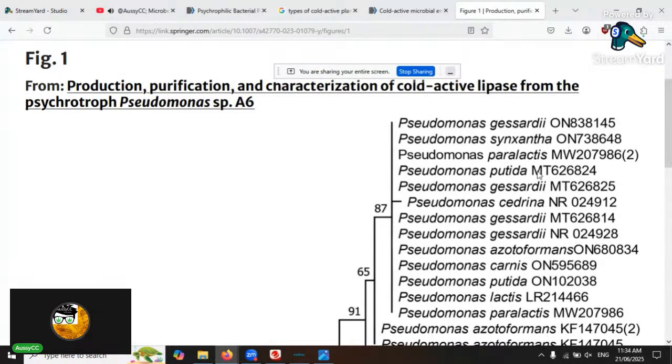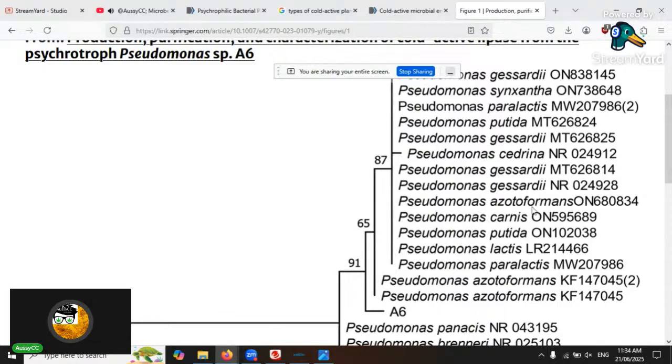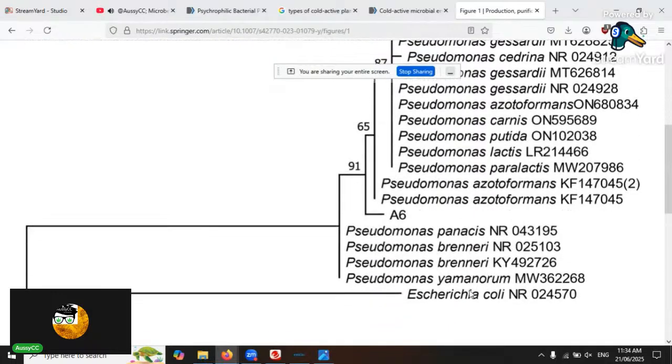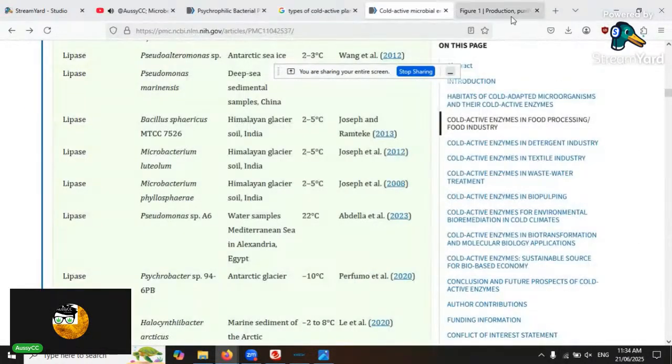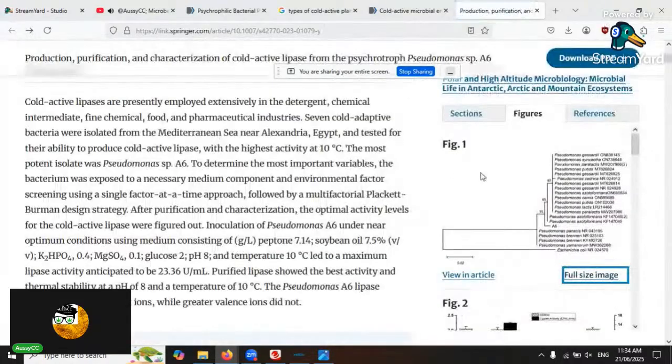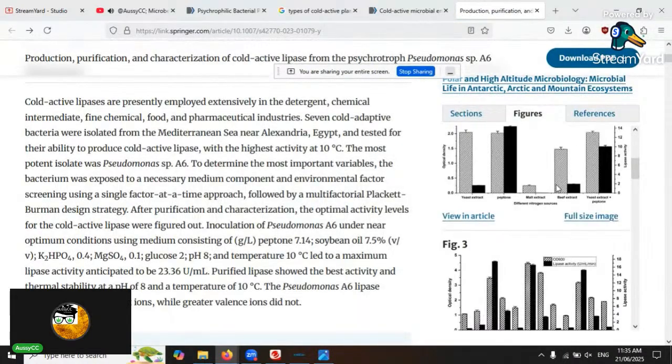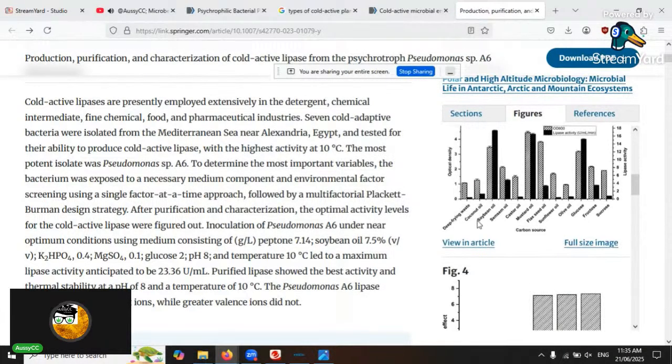Do I use that one? No. It's familiar to me now. Azotoformans. Wow, azo suggests that it might produce nitrogen. I don't know any of those, unfortunately. Production, purification, practices. Other references, there, I got them.